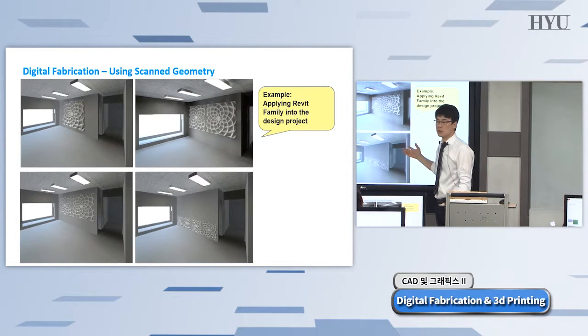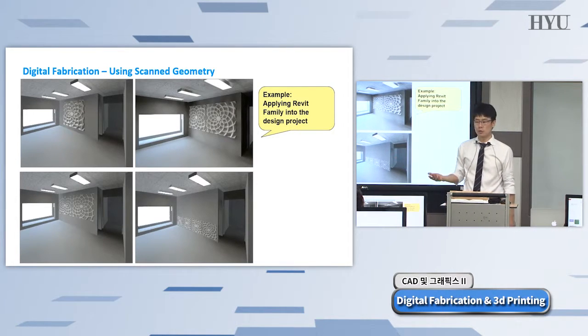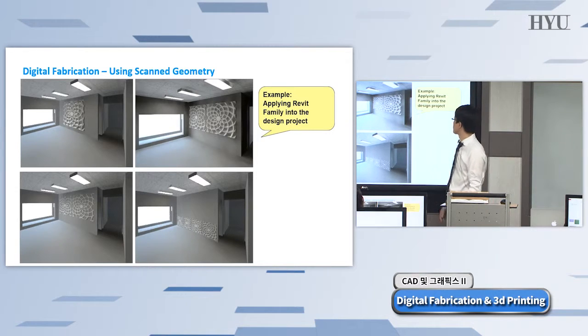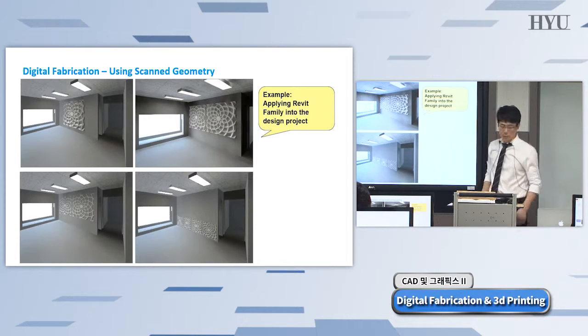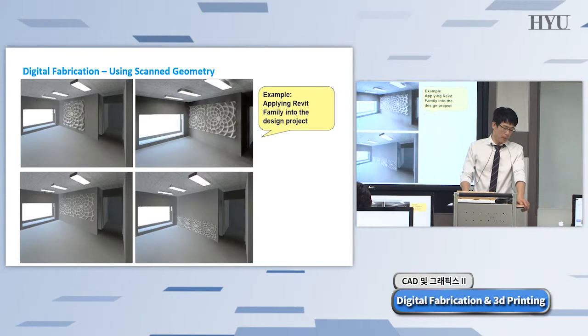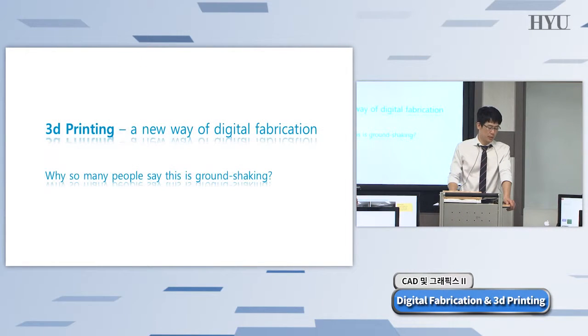Those are just a demonstration video, not actual or not real, okay? So those examples show you how to apply those things to different types of applications. So let's move to the 3D printing.